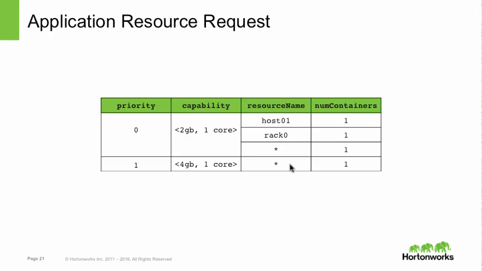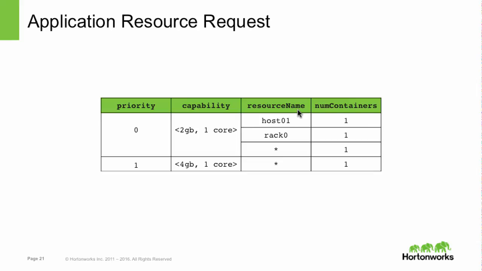Then we have a resource name. This is that notion of, do I care where this container is, and ultimately how many containers of those characteristics. So if you don't care, if you just have a compute heavy task, you're not tied to the storage, you can wildcard things, or you can supply a list. If you were a MapReduce app master, and you need to run a mapper, you might make a request just for that one mapper and say, hey, I'd like it to be on one of these 3 nodes.